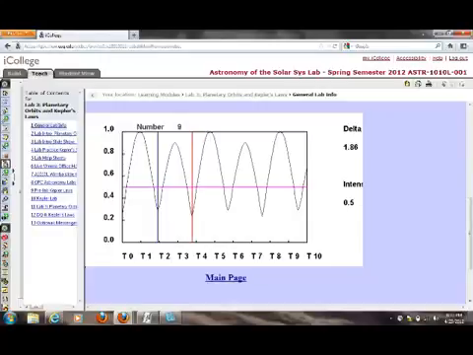Question 3 is to find the rotation period by multiplying the time between 2 successive minima by 2. So 1.86 times 2 would be the answer for number 3, or whatever you get for your asteroid number.